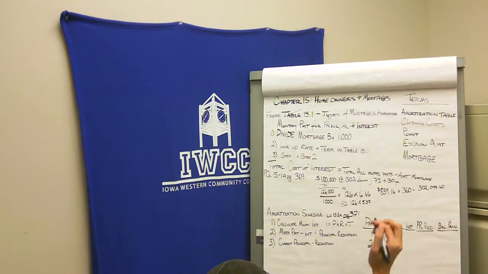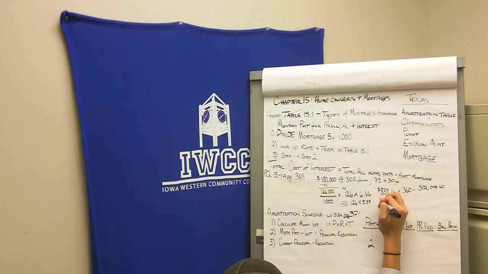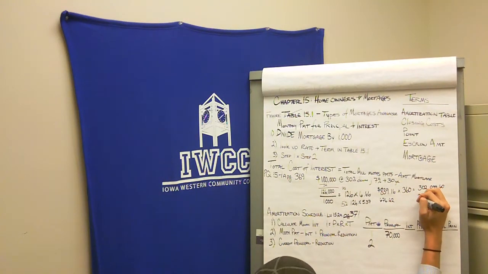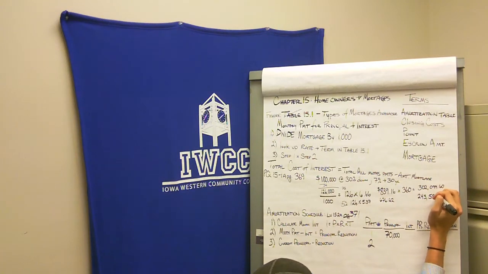Well, let's figure it out. 676.62 times 360 is $243,583.20.